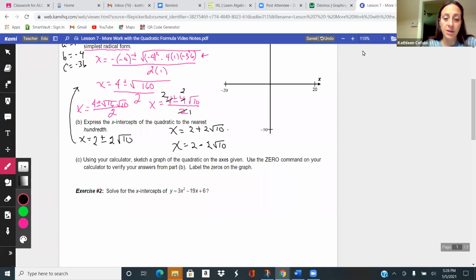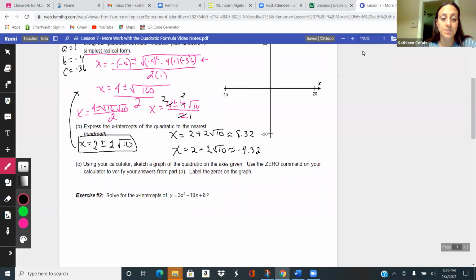And you may want to just check this on your calculator, make sure you're doing this correctly. It's about 8.32. And then for this one, this is approximately -4.32. So there's our x-intercepts rounded to the nearest hundredth. Over here, this was our x-intercepts, but in exact form, in simplest radical form.